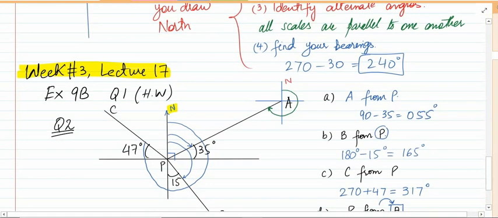So we know that all norths are parallel to one another. That means this line and this line are parallel, this one and this one also parallel, right? So highlight the Z angle, it will be like this, right? It means that if this angle is 35, this angle with the help of alternate angles is also 35 degree. Now you need to find the angle.